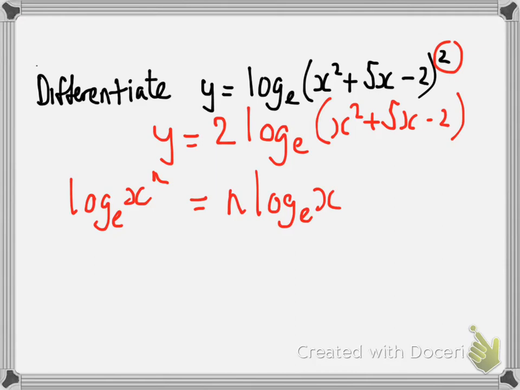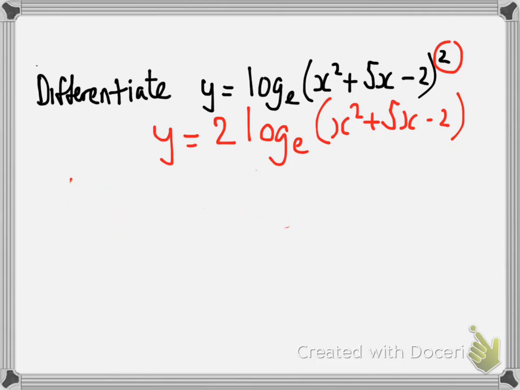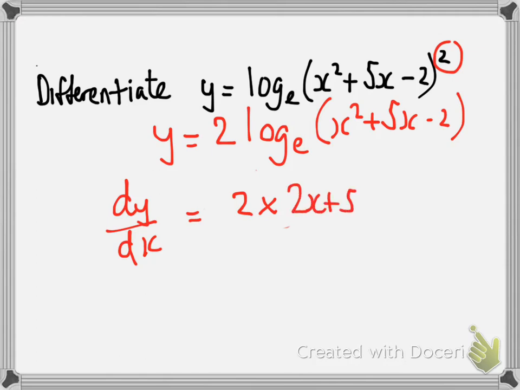Okay, so I'll just get rid of this little reminder now. All right, so now we apply the rule: dy/dx equals 2 multiplied by the derivative of the bracket, which is 2x plus 5. I think we'll do a bit better than that. We'll do a bracket there instead of a times sign.